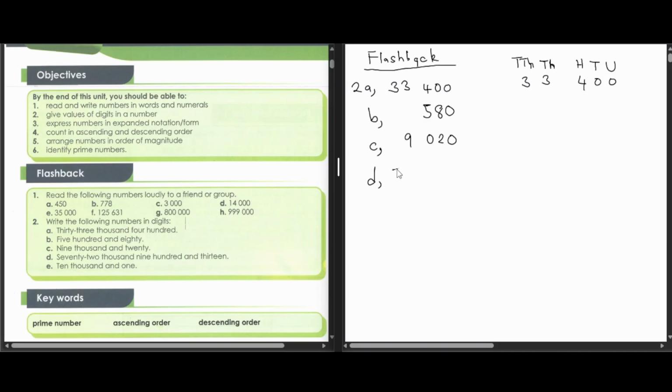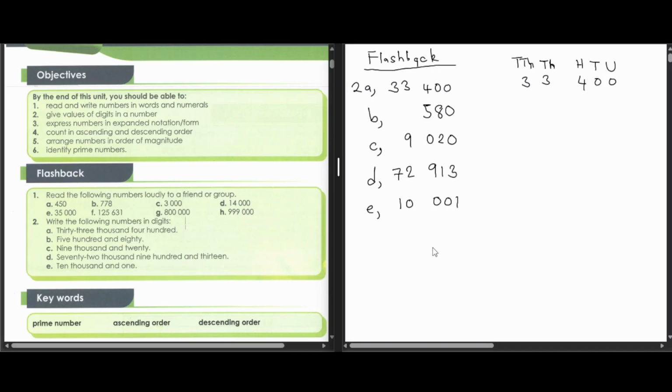So this is 72,000 zvobva zvanzi 913 like this. 72,913. Then lastly pa E panapa 10,001. So it's 10,001 like this. So ndo manyorero atinoita.